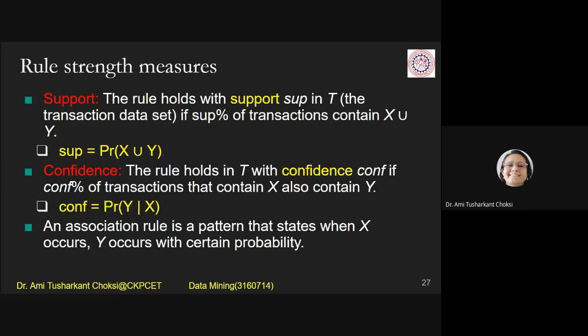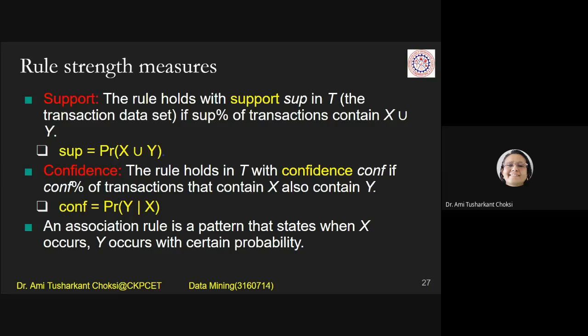If I want to say that X implies Y, where can I accept this? For that, the support and confidence conditions should be satisfied. That is, support is greater than or equal to some minimum support, and confidence is greater than or equal to minimum confidence.